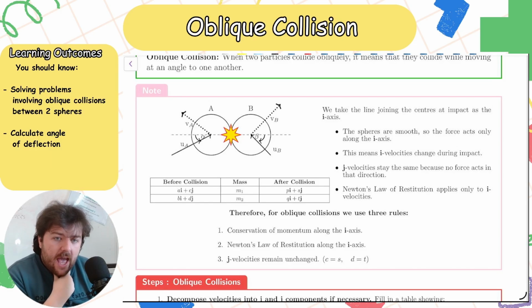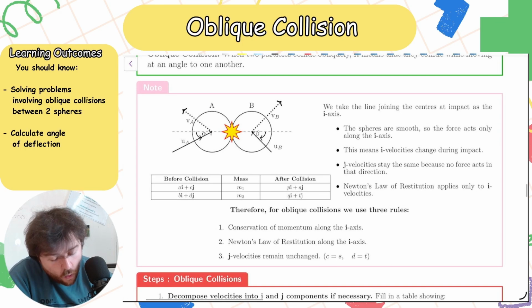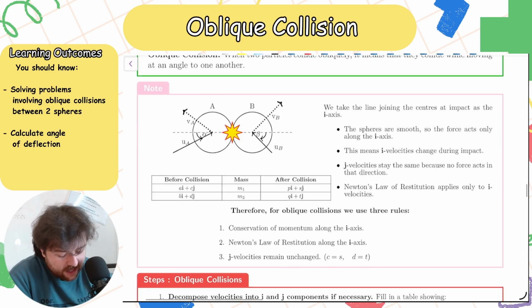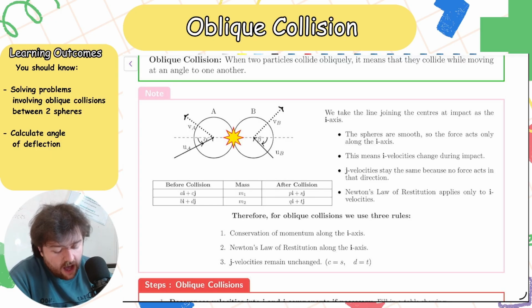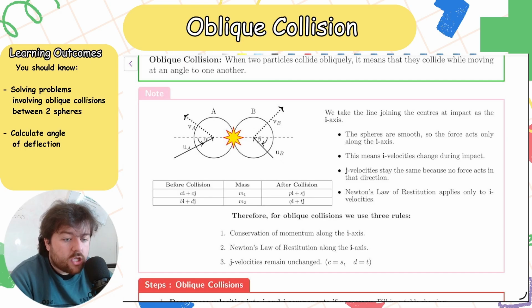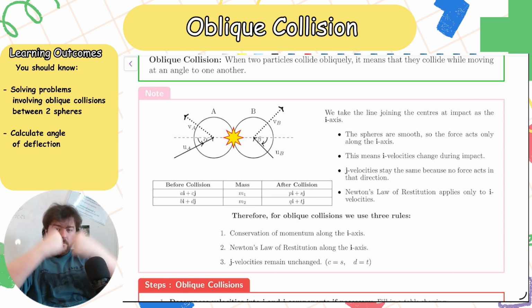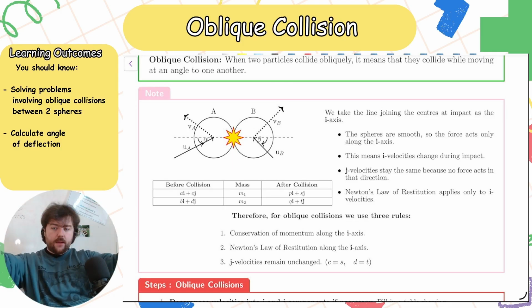So the spheres are smooth, so the force only acts along the I-axis. This means the I velocities change during impact. What's special about oblique collisions is the J velocities don't change.